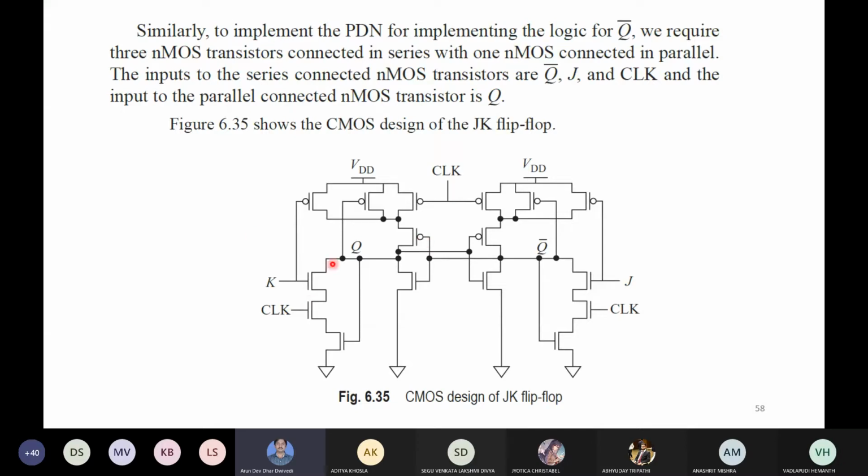So this part is complete in this way, and similarly the right side we can also complete. For Q bar we need J, CLK and Q bar.